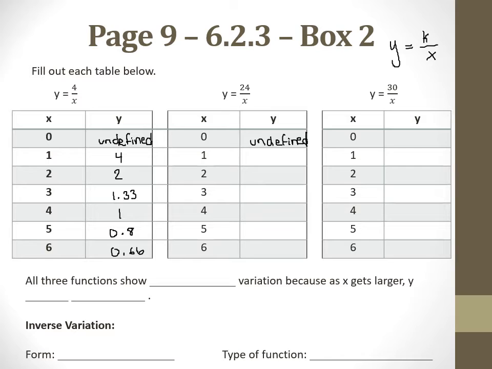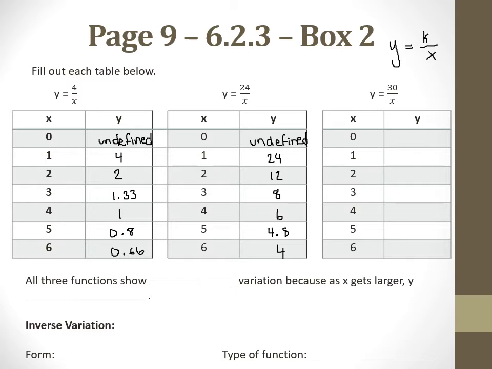And then going down the list, 24 divided by 1 is still 24. 24 divided by 2 is 12. 24 divided by 3 is 8. 24 divided by 4 is 6. 24 divided by 5 is going to be a fraction, that is 4.8. And 24 divided by 6 is 4.